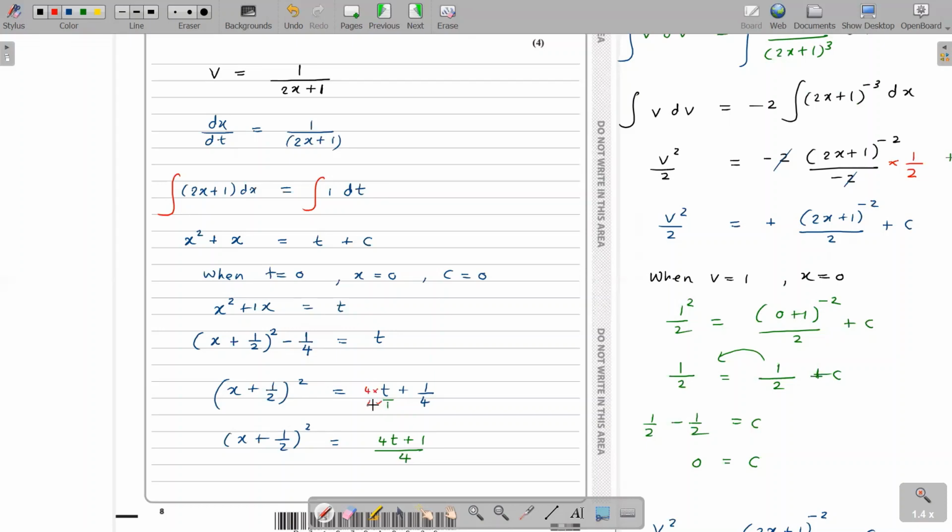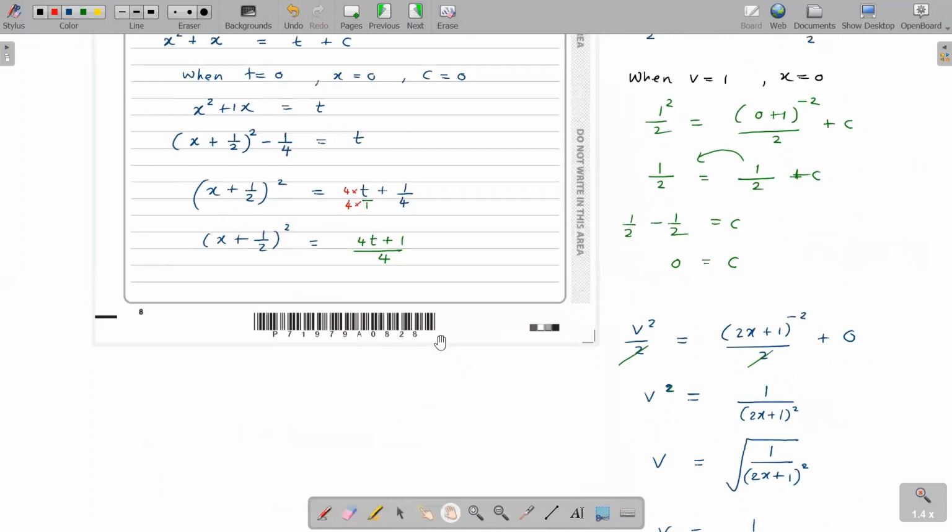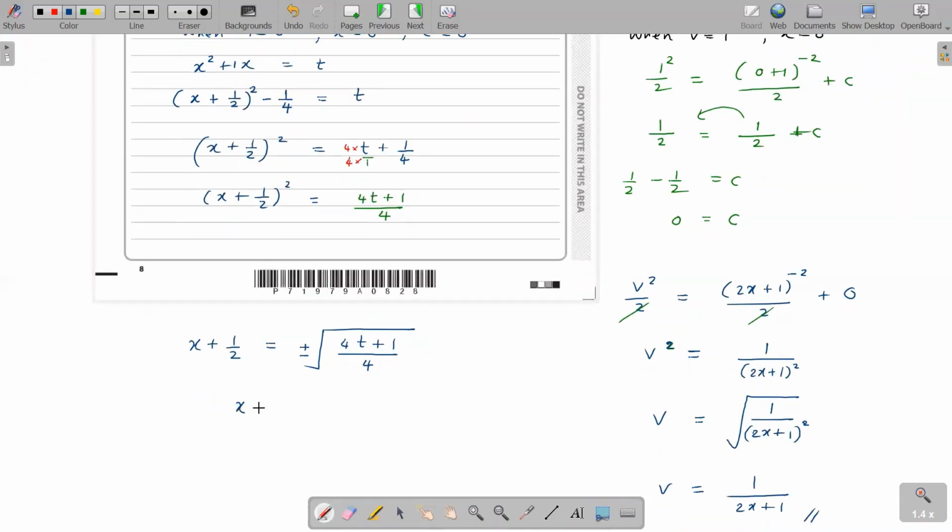When I take the common denominator, then the next step: x plus half squared. I'm removing the square by taking the root on the other side. Are you with me? So you get plus or minus. So x equals, the plus half goes to the other side as minus half, plus or minus root of 4t plus 1 over 4.